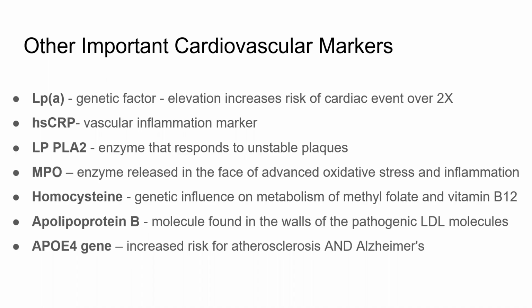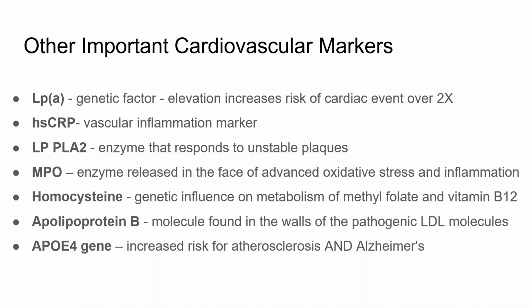Lp-PLA2 is an enzyme that responds to unstable plaques. So it's essentially a marker of plaque formation, of soft plaque formation. MPO is myeloperoxidase, that's to do with white blood cells, oxidative stress. It's more unstable plaques, more damage, more risk. Homocysteine is a metabolic marker having to do with methylation of B12 and folate, and increased homocysteine has to do with stiffening of the arteries and more inflammation.